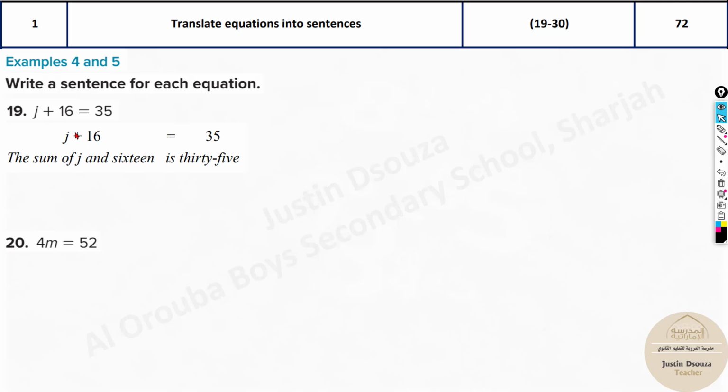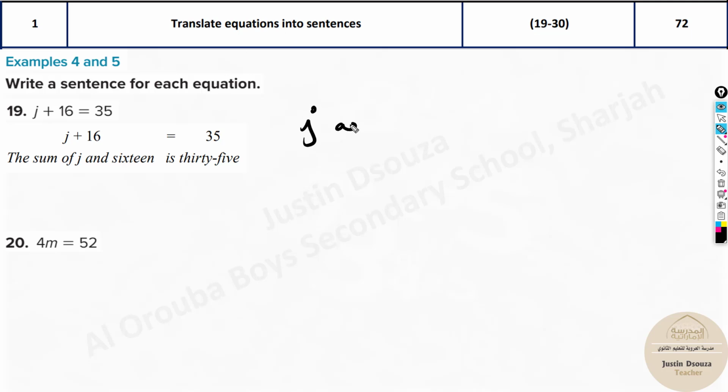J plus 16, that means it will be the sum or plus or addition, whereas equal to means is the same as, something like that. And this is just J, the sum of J and 16. This is correct. Now I will write one more answer.